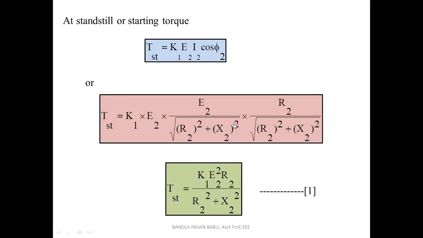So this can be reduced to TST, the starting torque, equal to K1 into E2 square, since E2 into E2 becomes E2 square, and the numerator again has R2. Look at the denominator, root of R2 square plus X2 square whole square, so root and square get cancelled. This is the starting torque of the induction motor. Let us consider it as equation 1.